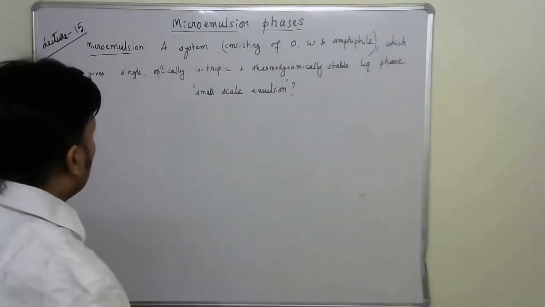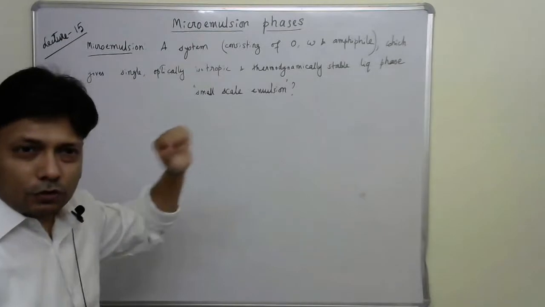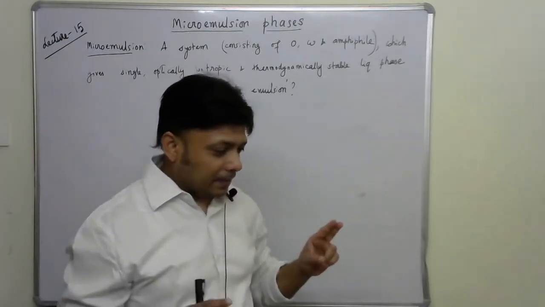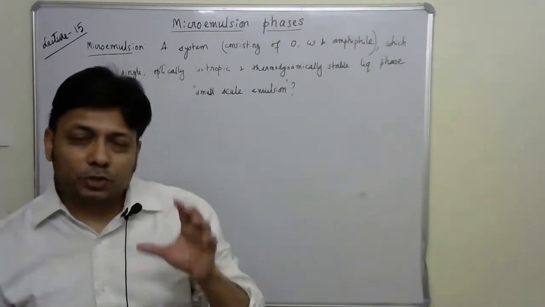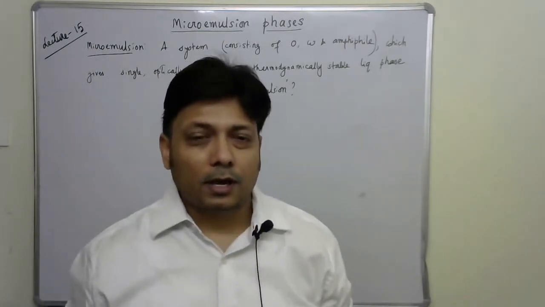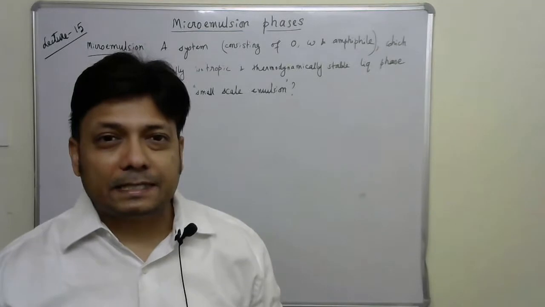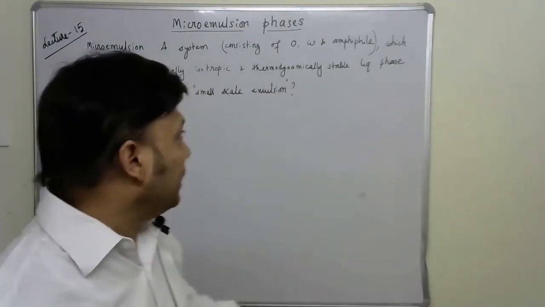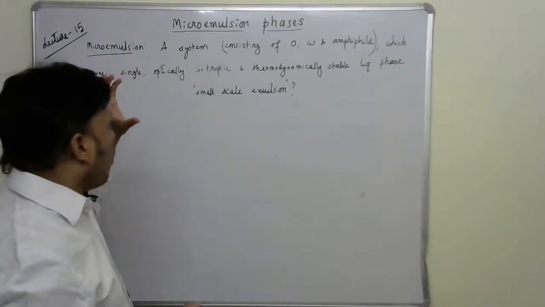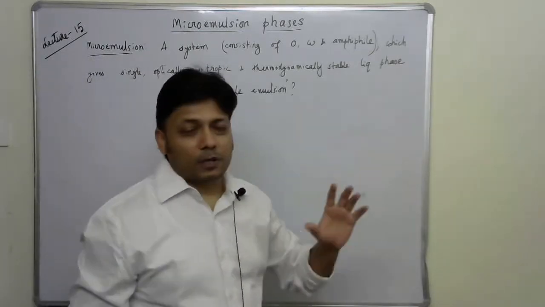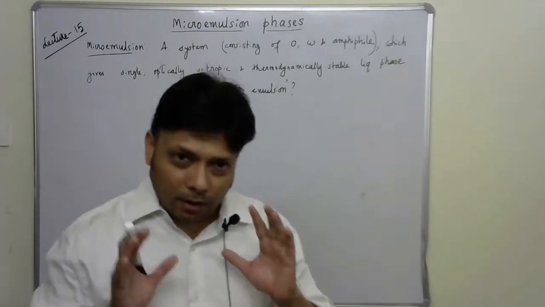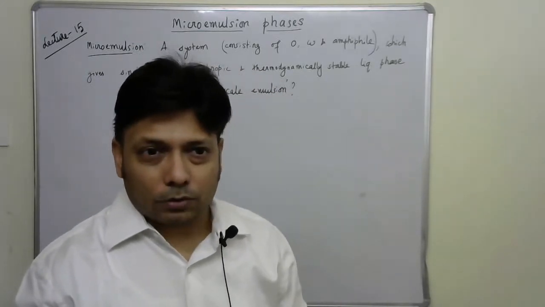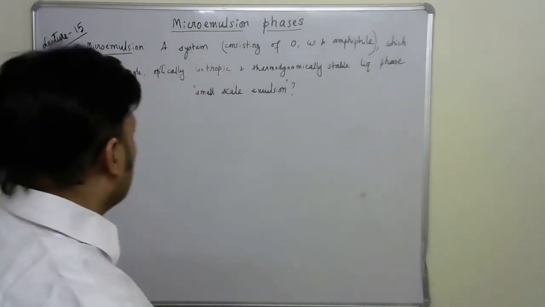So if we start with the textbook definition of microemulsion, it says that it is a single, optically isotropic and thermodynamically stable liquid phase which is formed when oil, water and amphiphile, meaning surfactants, are mixed with each other in appropriate amounts.